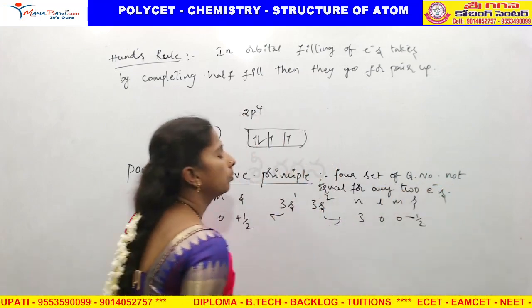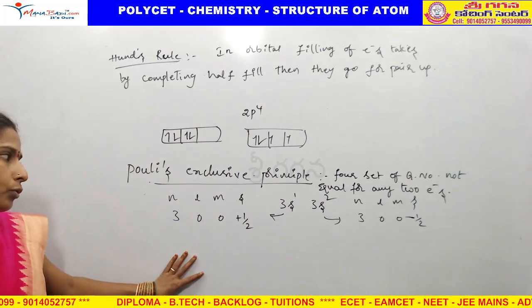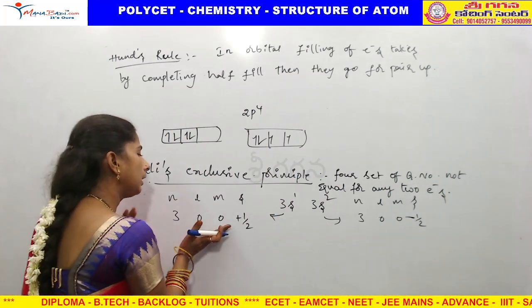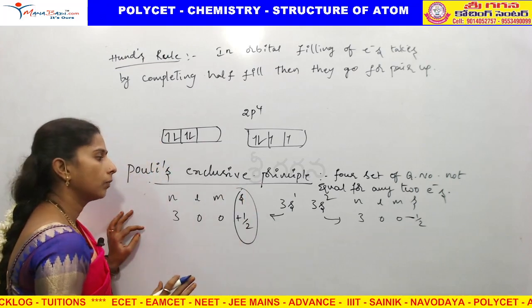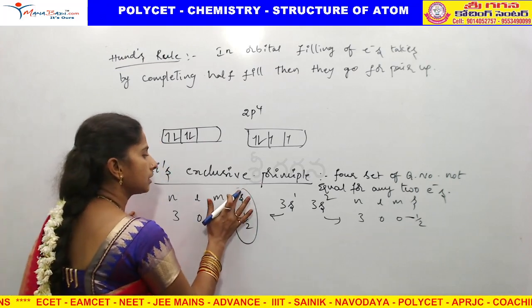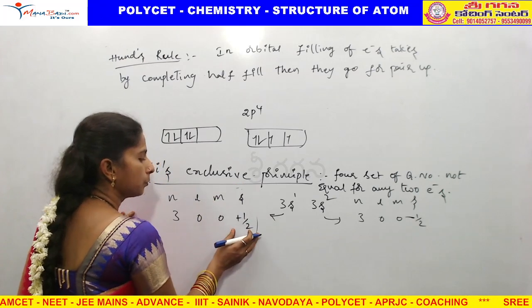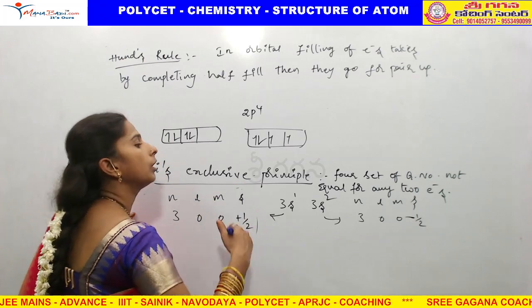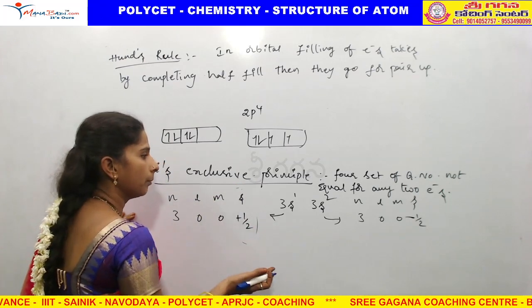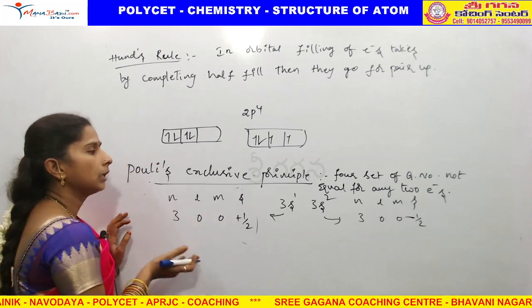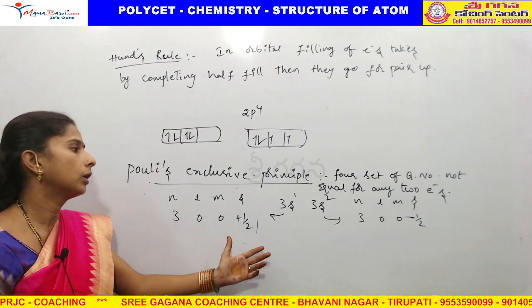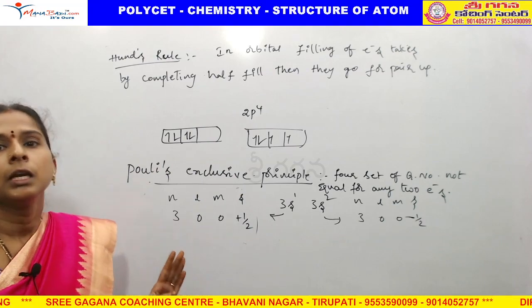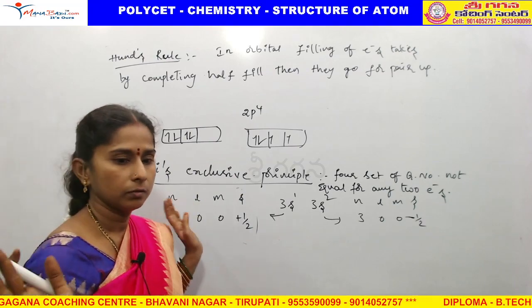That is Pauli's principle. Three may be equal, but one is definitely not equal, here the spin quantum number is different. For another pair of electrons, a different one may be unequal.